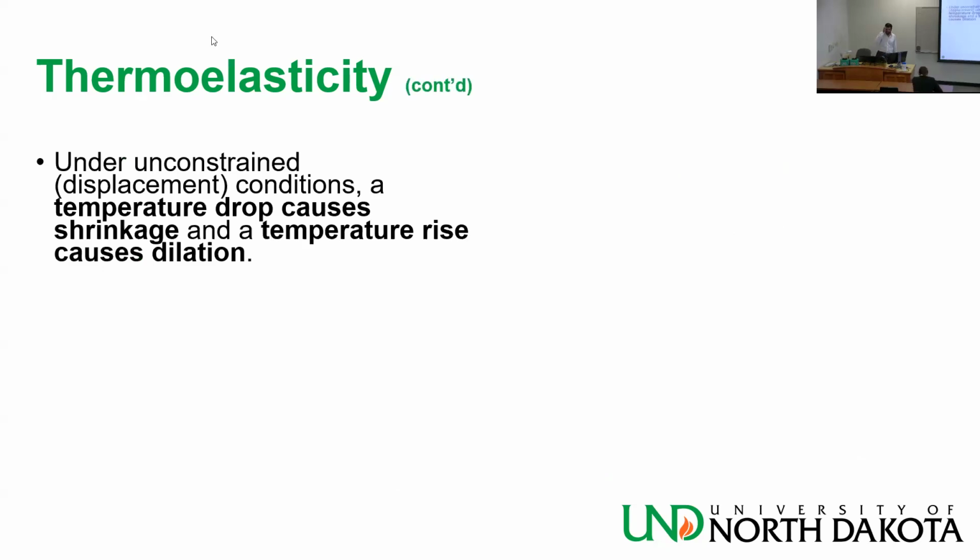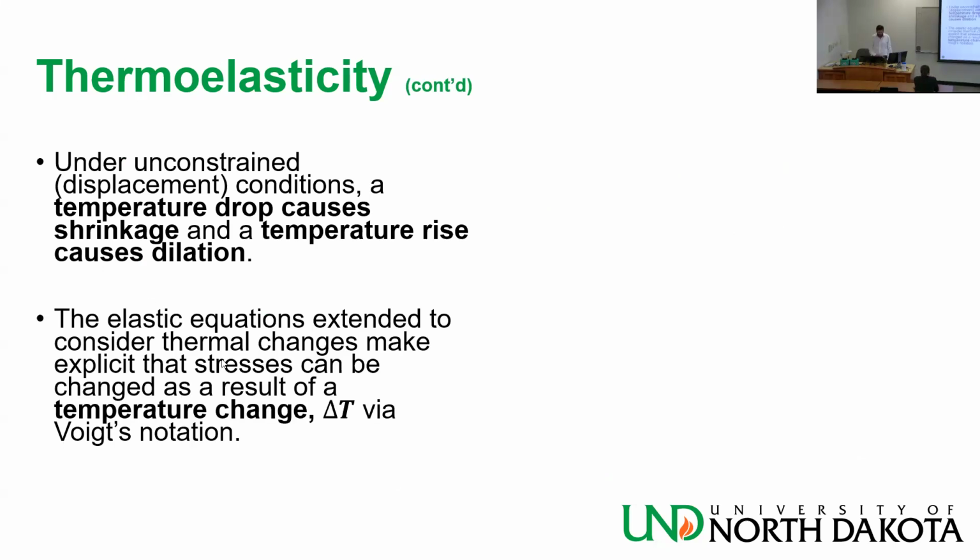Under unconstrained displacement conditions, a temperature drop causes shrinkage and a temperature rise causes dilation. You know that. The elastic equations extended to consider thermal changes make explicit, and when you hear explicit in the classroom, think analytical, that stresses can be changed as a result of a temperature change, delta T, via Voigt's notation.